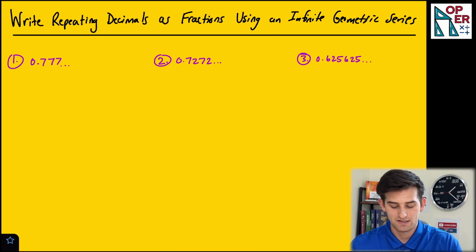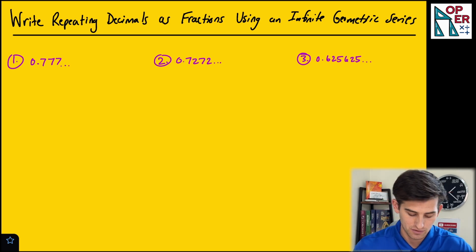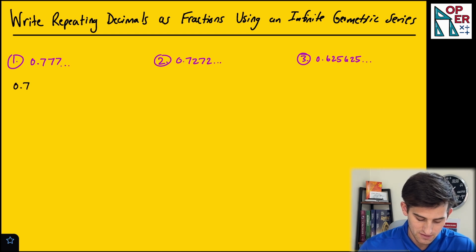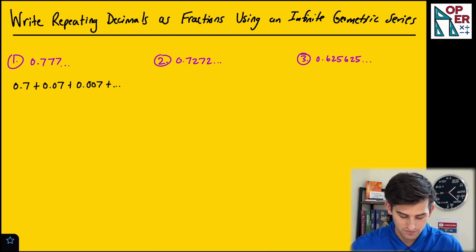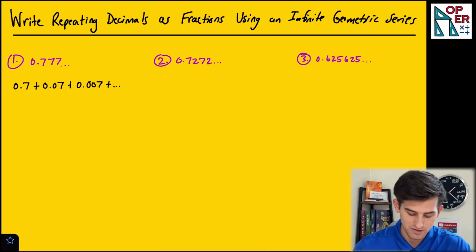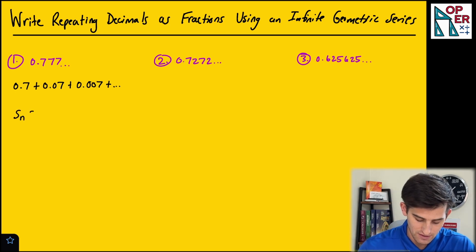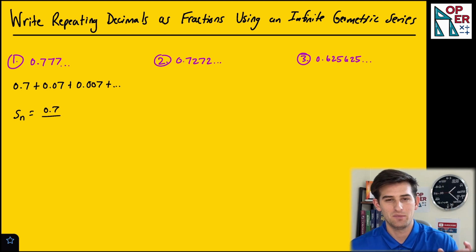So if I want to write this as an infinite geometric series, one thing I could do is break apart my repeating decimal. So let's say the first term is 0.7, and then we're going to add 0.07 plus 0.007, and so on and so forth. So if we look at our series here, our first term would be 0.7. So if we use our equation, S of n is equal to 0.7 over 1 minus r.